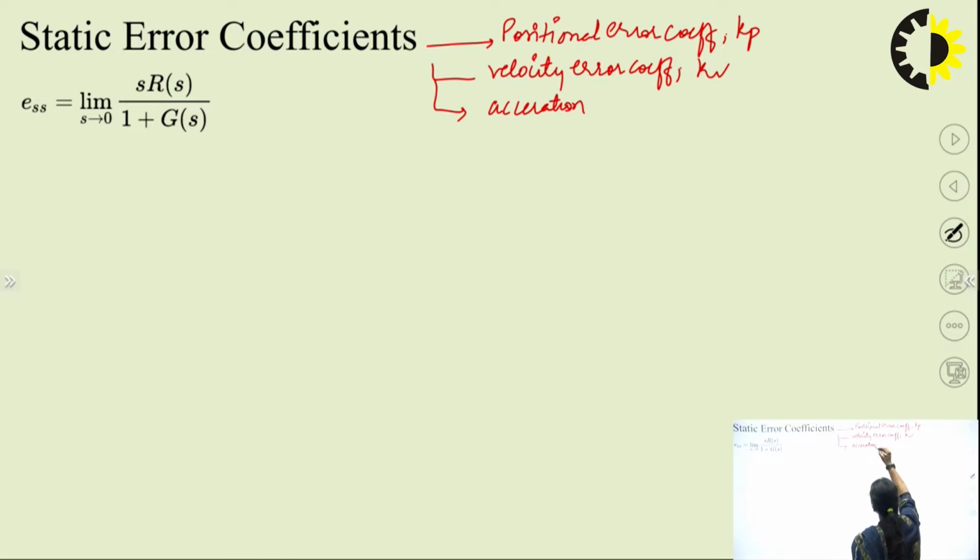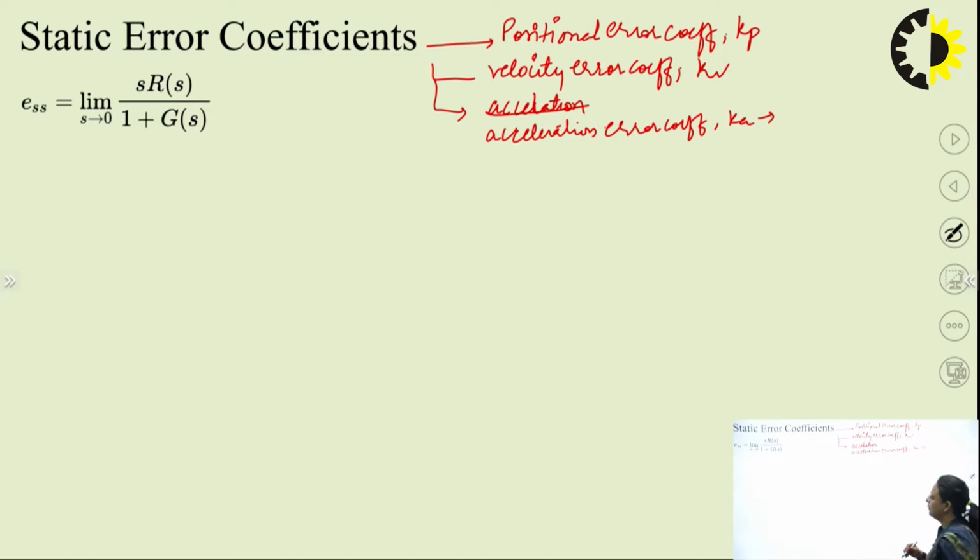And the third one is the acceleration error coefficient, which is represented by Ka, and it can be calculated only for the system in which the parabolic signal is applied.